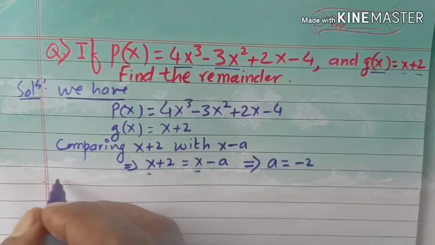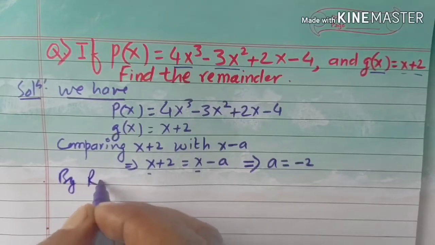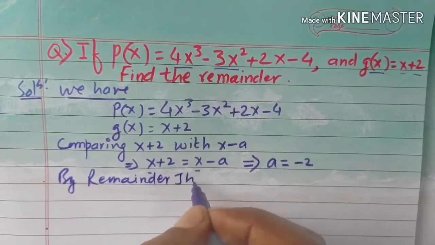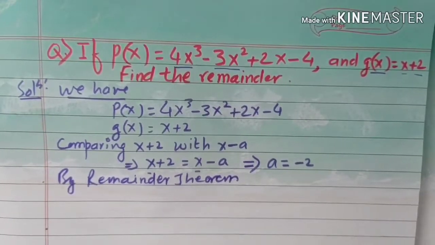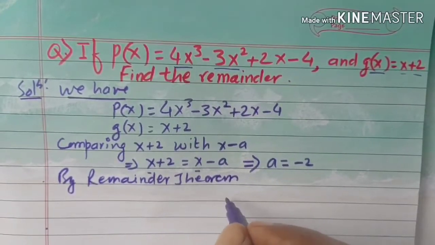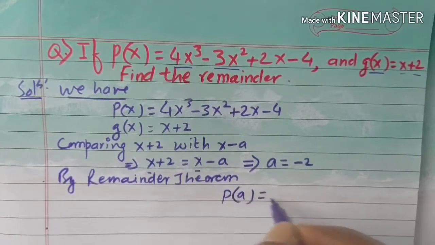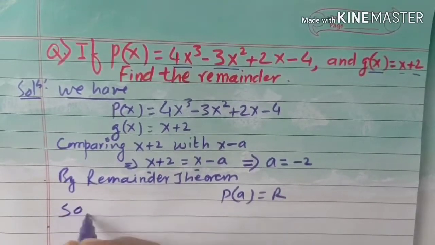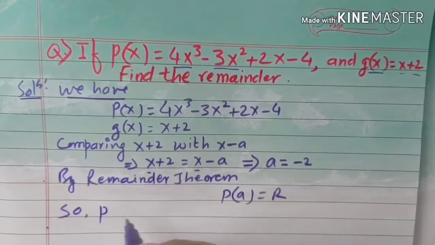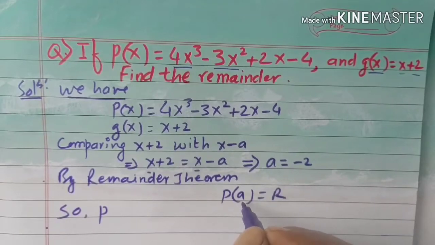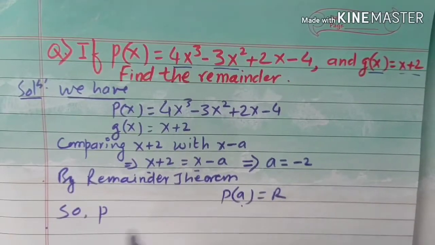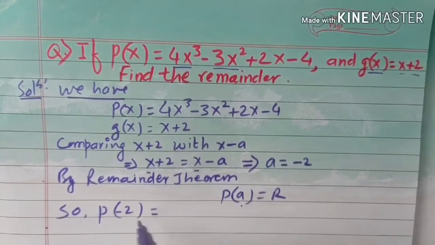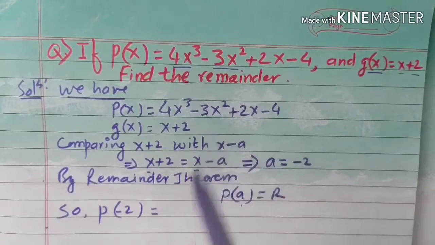Now by the remainder theorem we have P(a) is equal to r. So in place of a, if you write minus 2, in place of x we can write minus 2.